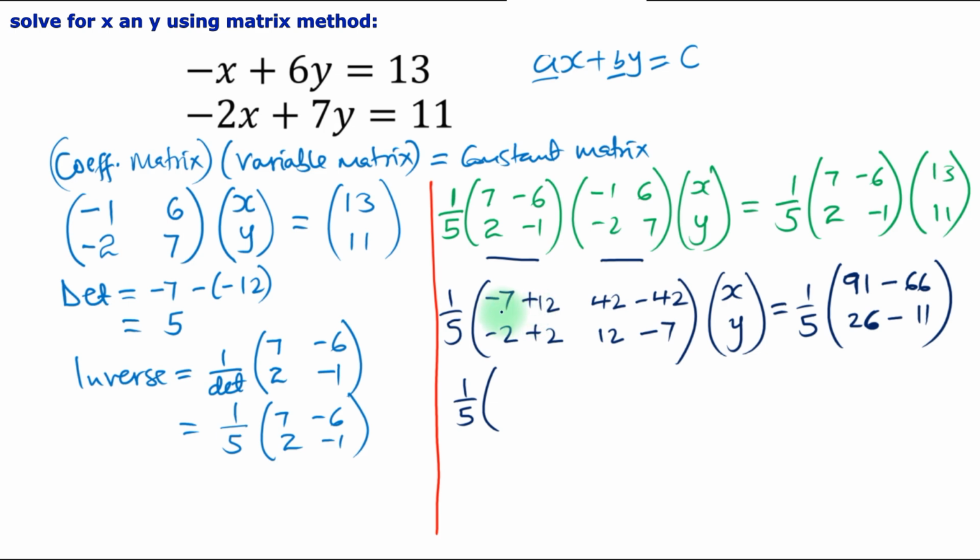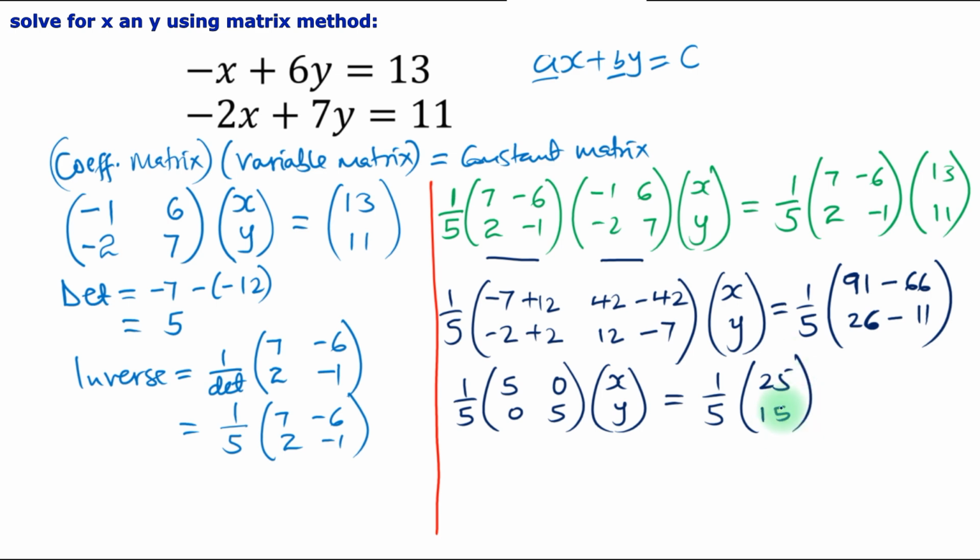Now add minus 7 plus 12, that is 5. 42 minus 42, 0. Minus 2 plus 2, 0. 12 minus 7, 5. Multiplied by x, y will be equal to 1 over 5. Then subtract 91 minus 66, that is 25, and 26 minus 11, that is 15.